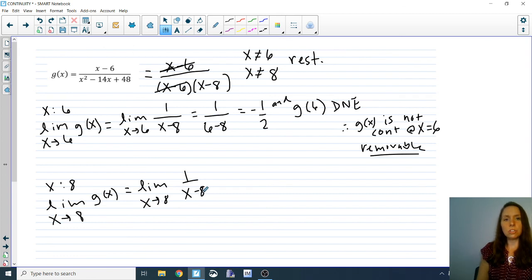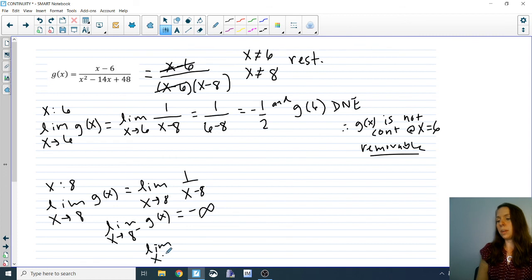And so that should lead you to believe that what's going on here is an infinite discontinuity or a vertical asymptote. So you could set up a left-hand limit as x approaches 8 of g of x, and through some numerical reasoning, you would find that it's equal to -infinity.